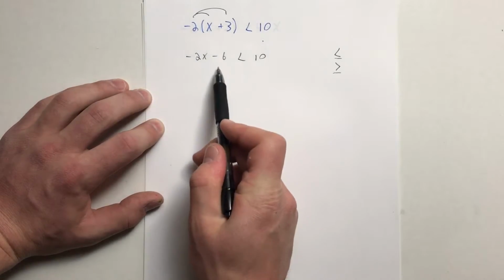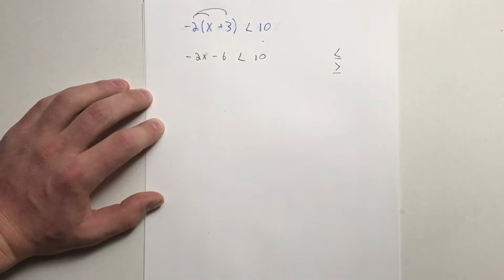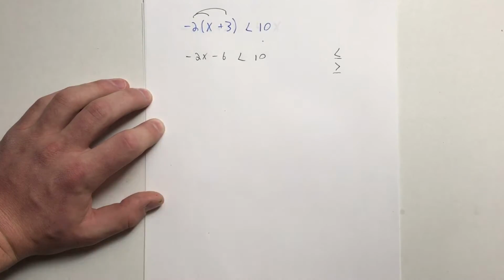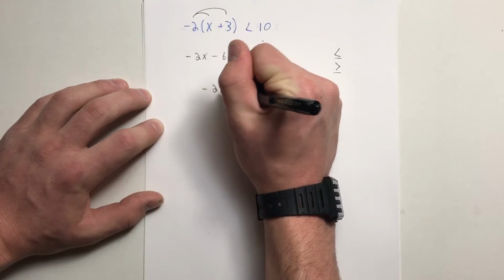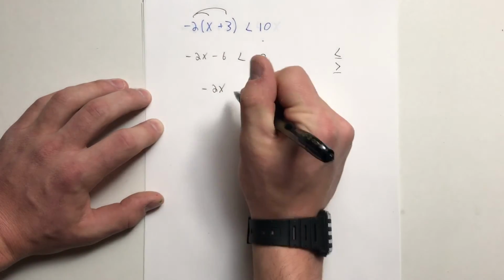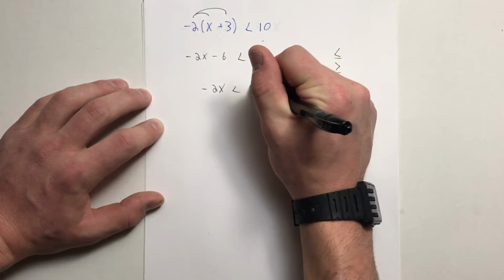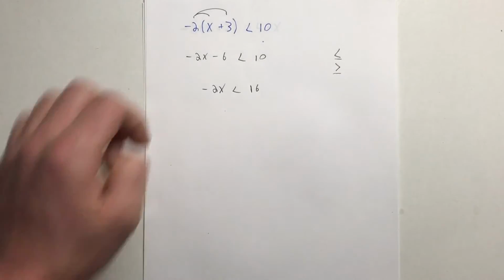I didn't multiply or divide by a negative across this sign, so it stays the same. I want to move my 6 over, so I'm going to add 6 to both sides. When I add 6 to both sides, it cancels with this negative 6. So on my left-hand side, I get negative 2x is less than or equal to, and I added 6 to both sides, so over here we're going to have a 16.